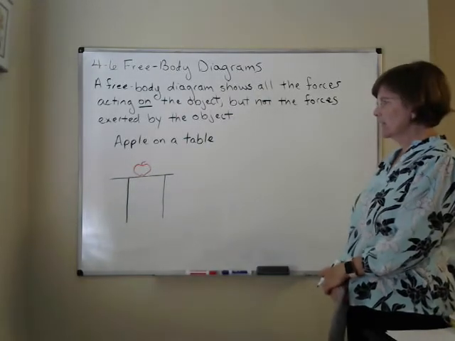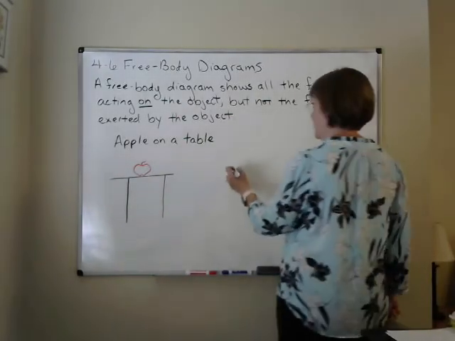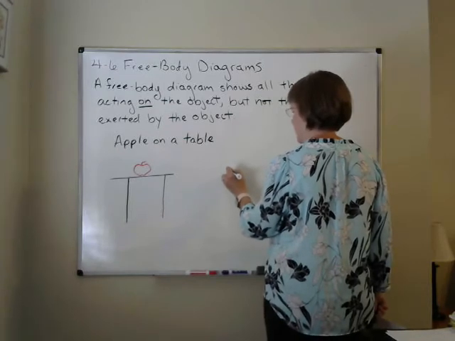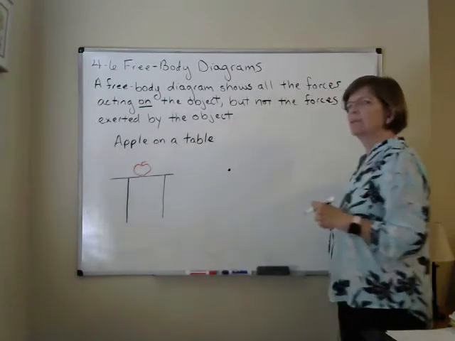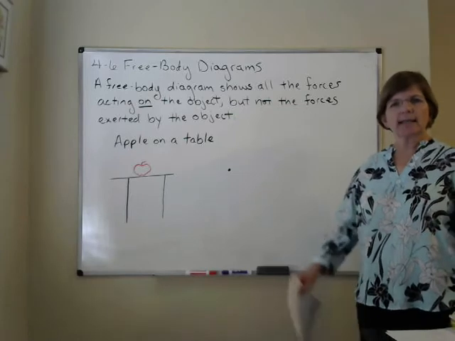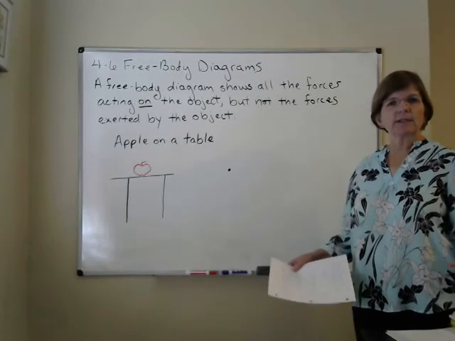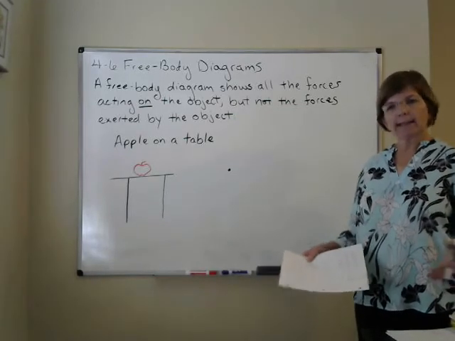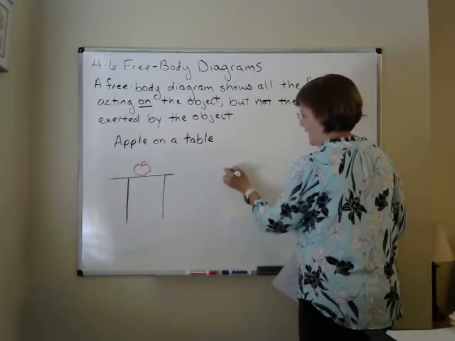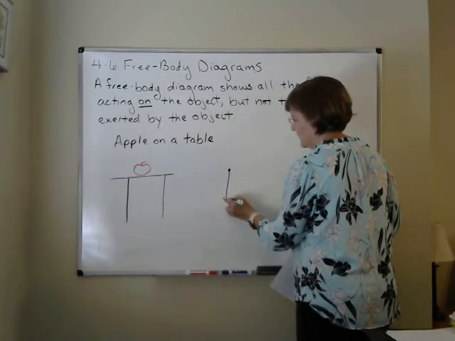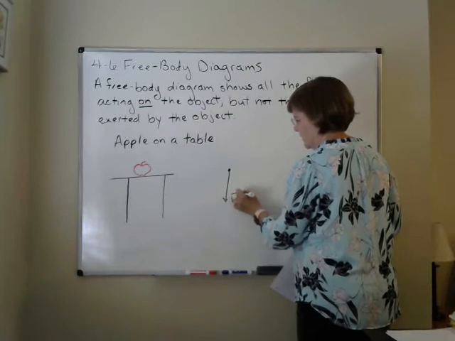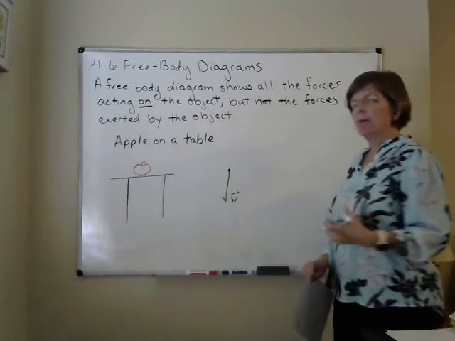So we look at it and we go, okay, here's the apple. What forces would be acting on it? Well, one force that acts on everything here on Earth is gravity. Everything weighs something. So the weight of the apple is pulling it down towards the center of the earth, but the apple's not moving.